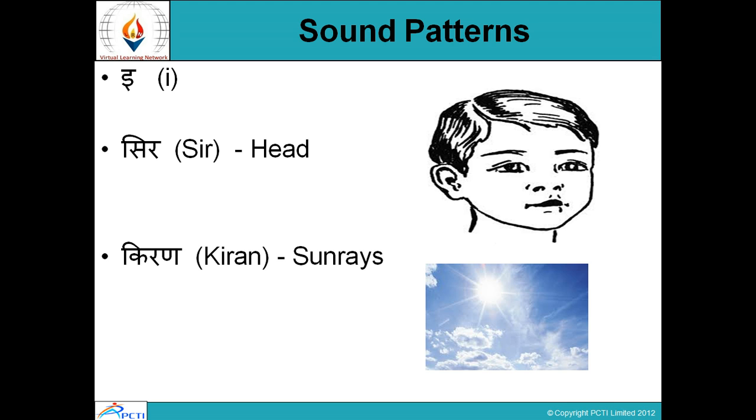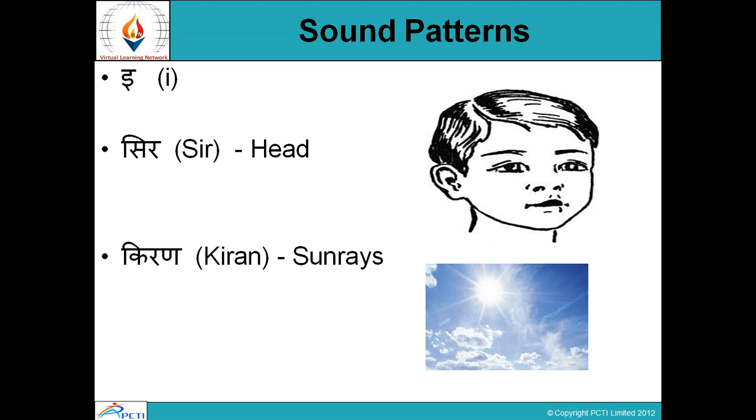Head, the upper portion, the body part. Head we all know. We have hair on our head. In Hindi we call head sir. What do we call it? Sir. The E sound is represented by this symbol. You can see on sir we have the E symbol on the left-hand side of the letter. That is called sir.